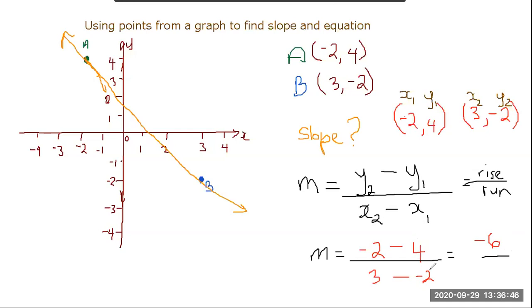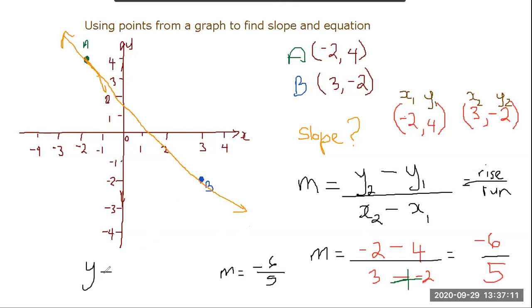So it says minus -2, so this becomes a positive. It's really saying 3 plus 2, which is 5. All right, so my slope, M, is equal to -6/5.